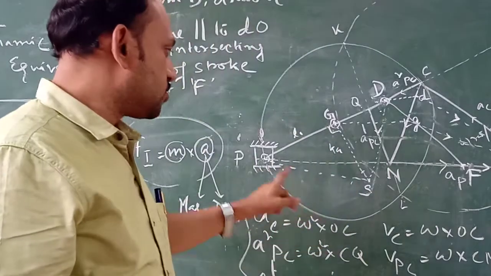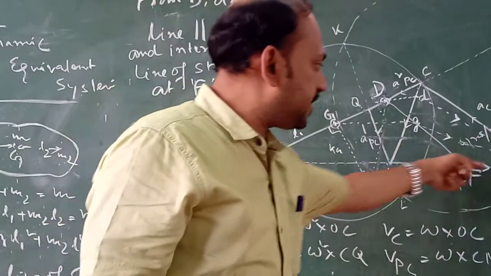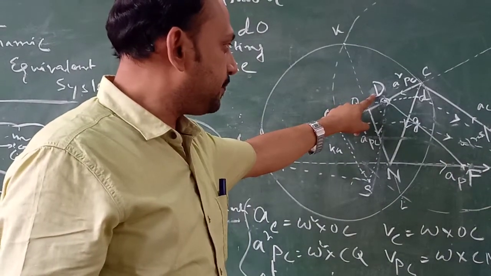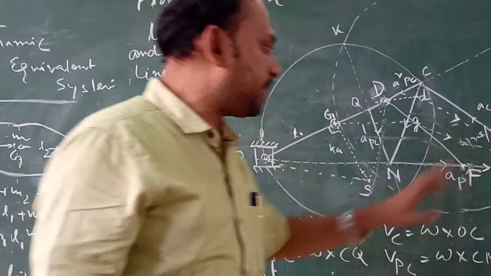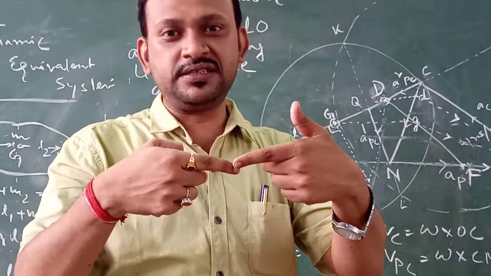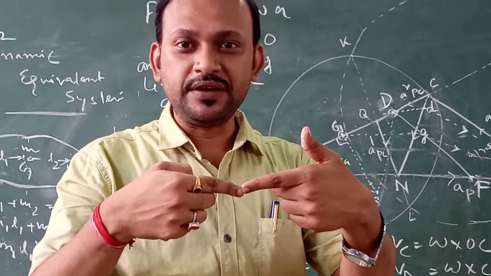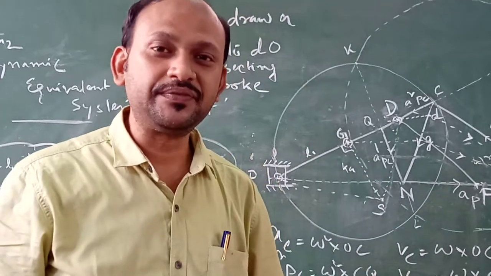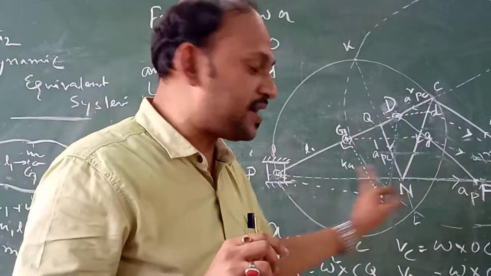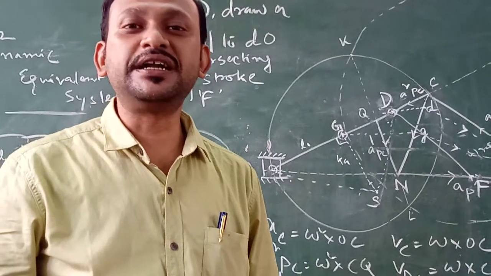So we can see that the acceleration of P with respect to O is represented by this line along this position, and the acceleration of D, this rotating mass, will be represented by this point F. So these are the two independent directions of the two arbitrarily placed masses. Now what will be the direction of the resultant? The direction of the resultant of both these masses is actually the direction of inertia force for the connecting rod.